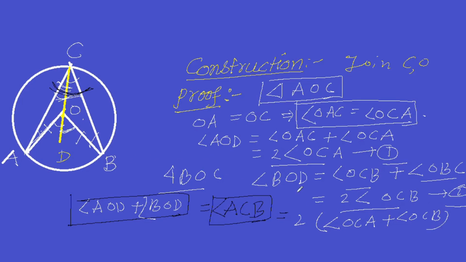If we observe these two angles from this figure, their sum is angle ACB, so angle AOB equals 2 times angle ACB.